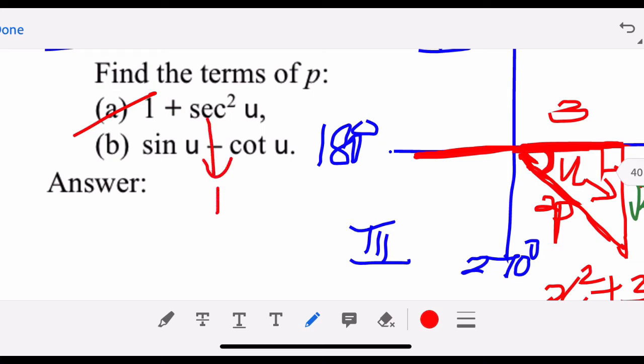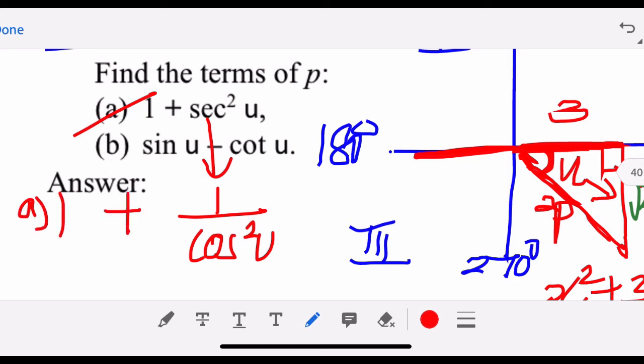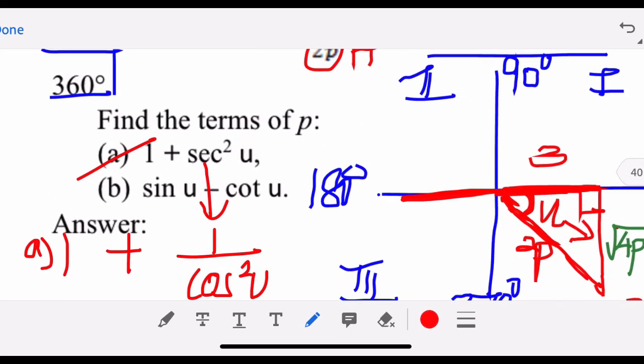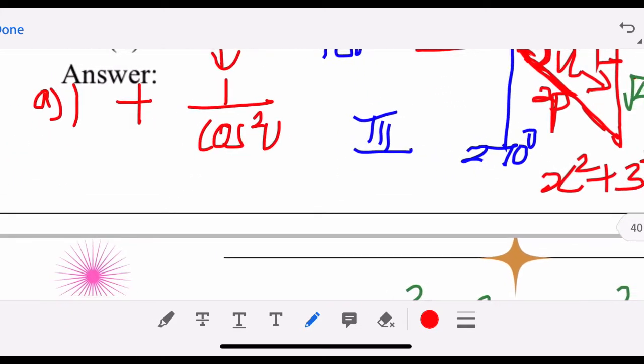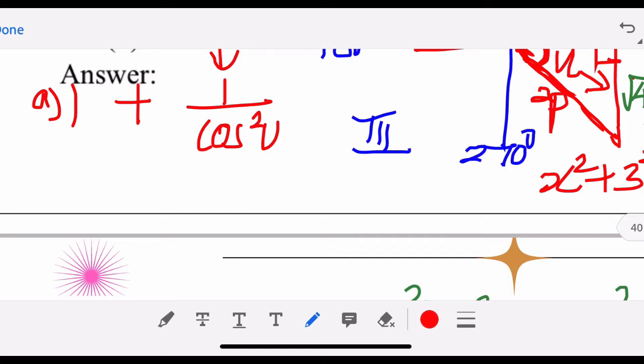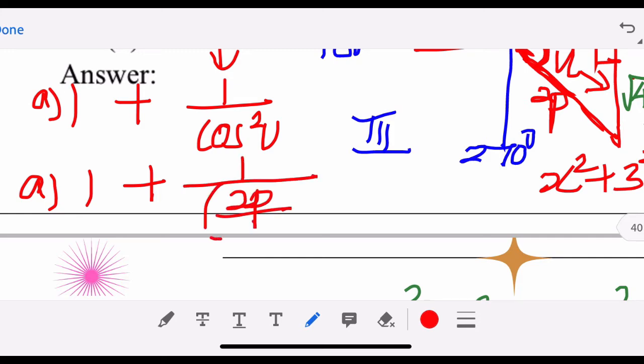First of all, you should know secant is 1 over cos, so secant squared is 1 over cos squared u. So part A can be written as 1 plus 1 over cos squared. Cos u was given, so you can just substitute 3 over 2p. It's very simple, right? We write 1 plus 1 over 2p over 3, just substituting.